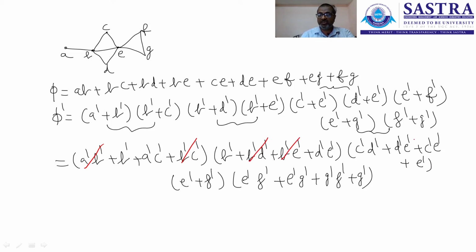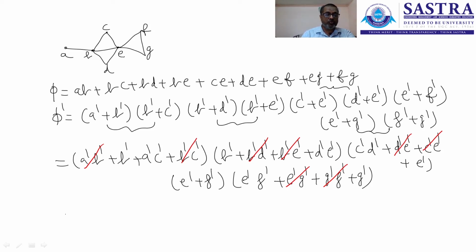Here I have D dash E dash plus E dash is E dash, C dash E dash plus E dash is again E dash. Now I have G dash plus G dash F dash is G dash, G dash plus E dash G dash is G dash. So I have reduced the terms as such.